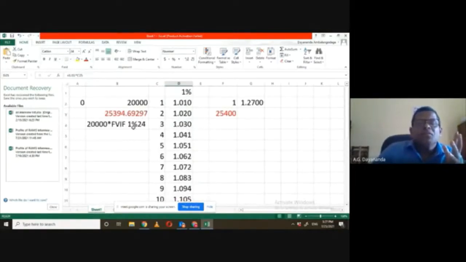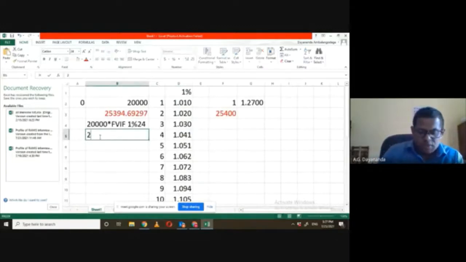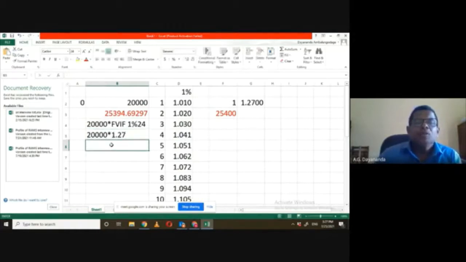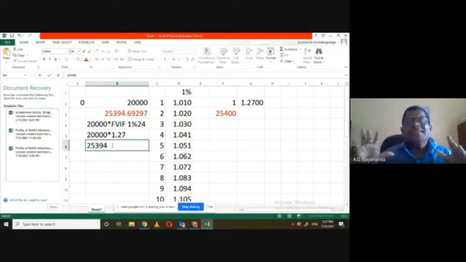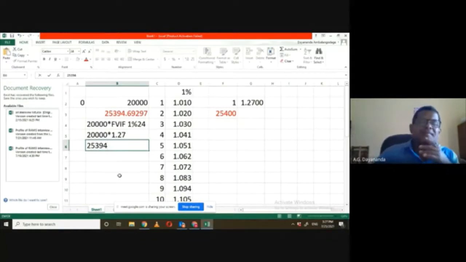So next writing would be 20,000 multiplied by 1.27. So in the next column, you write the answer as 25,039. This is the manual, physical type of examination answer.